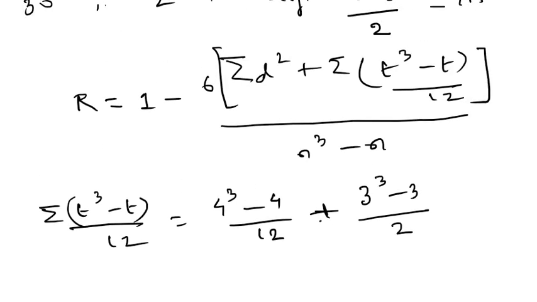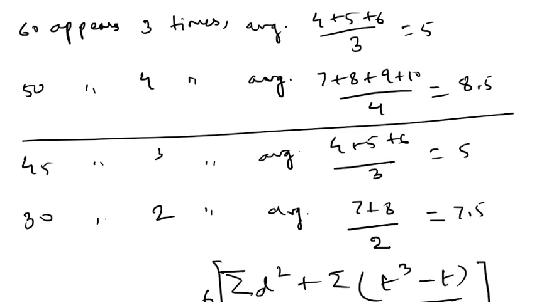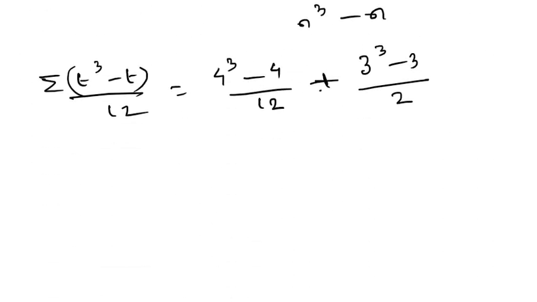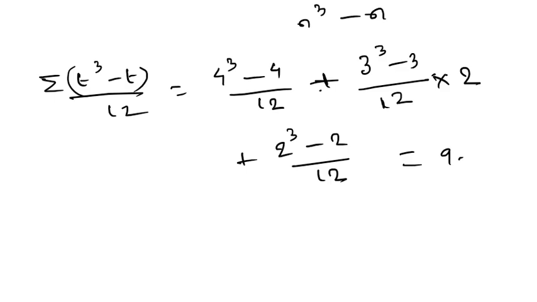The 4 comes one time, the 3 comes 2 times, and 2 comes one time. So 4 cube minus 4 by 12 plus 3 cube minus 3 by 12 into 2 plus 2 cube minus 2 by 12. Solving this, we get 9.5.